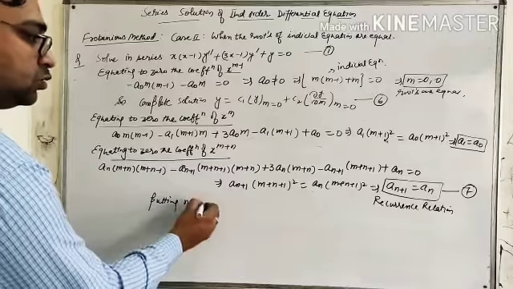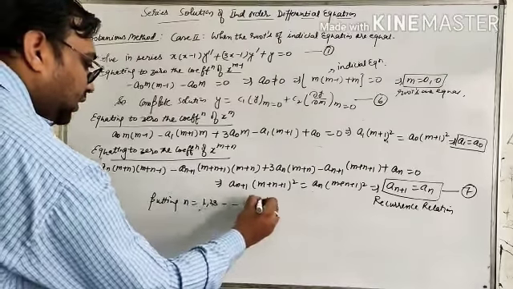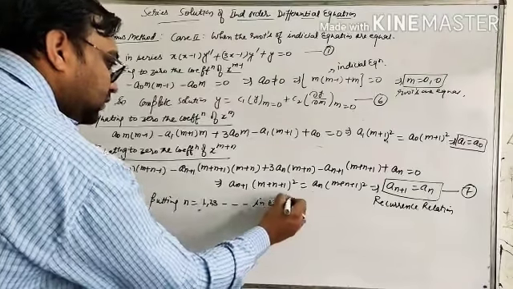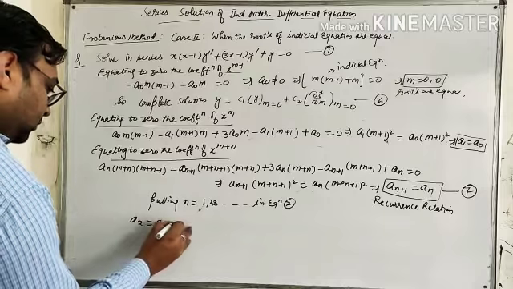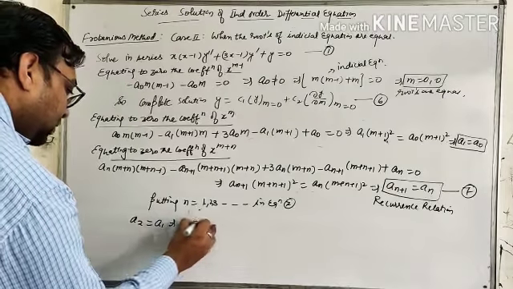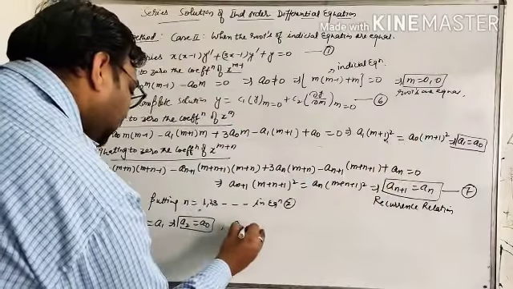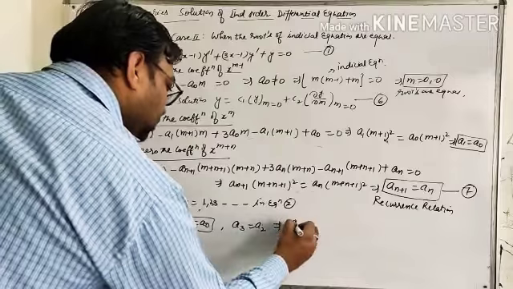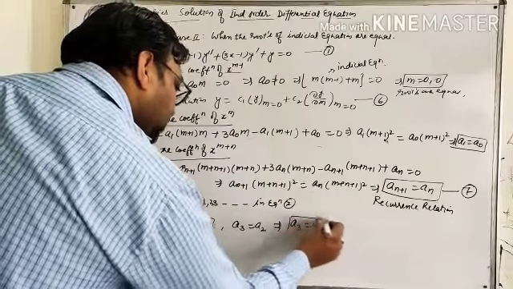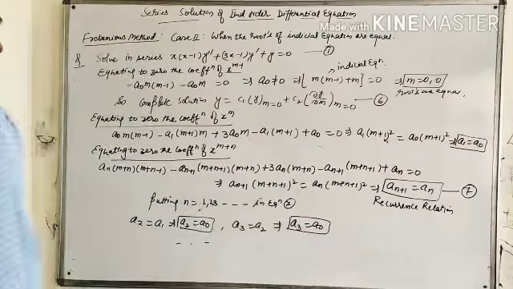Putting n equals 1, 2, 3 and so on in equation number 7, we get a2 equals a1, that is a2 is also equal to a naught because a1 is equal to a naught. a3 equals a2, but a2 is equal to a naught, so a3 is also equal to a naught. Hence from here all the a's are equal to a naught.